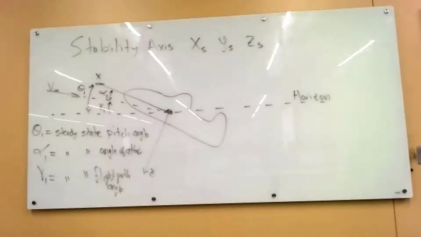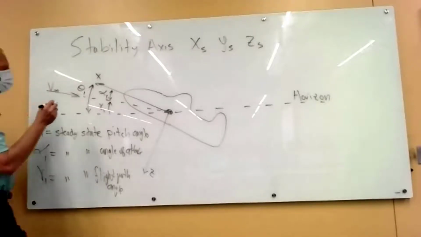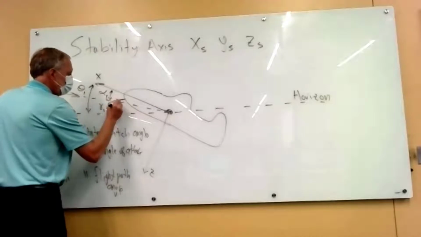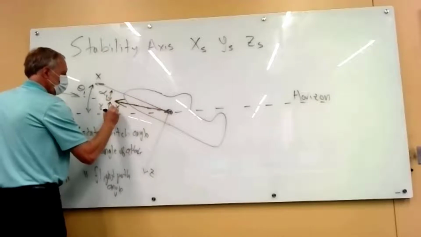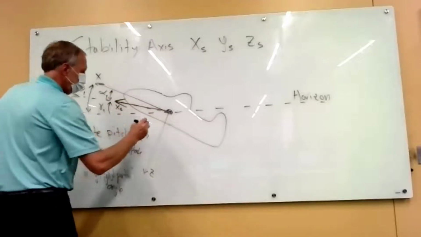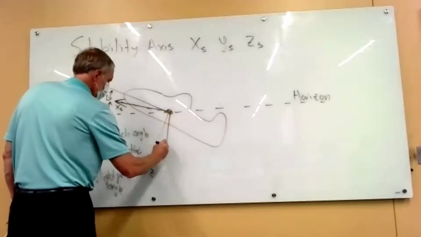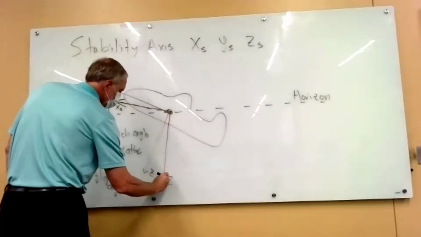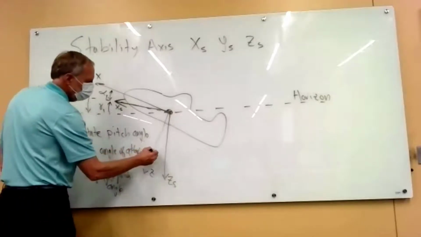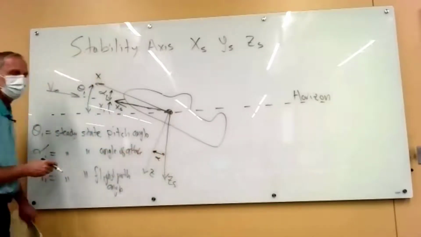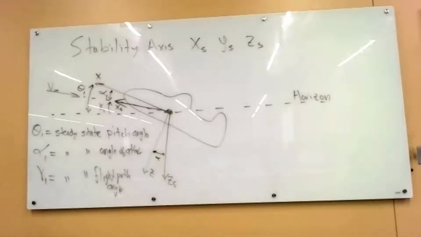So now we're going to say our stability axis is one where we point x into the relative wind. So draw an arrow like that and label it xs. And then z is going to be perpendicular to that, so it shifts down. In fact, that's not really that important, but this angle is alpha as well. And that's what we call our stability axis system.